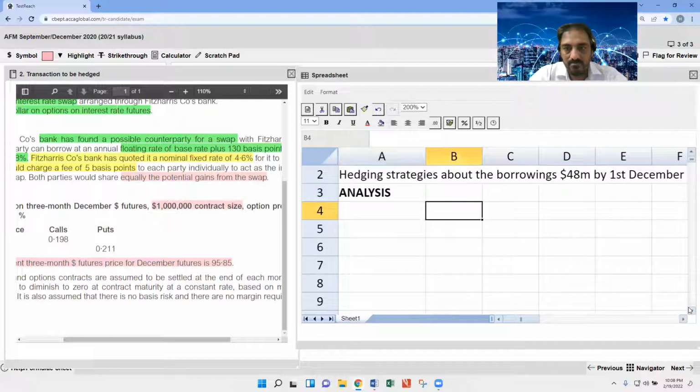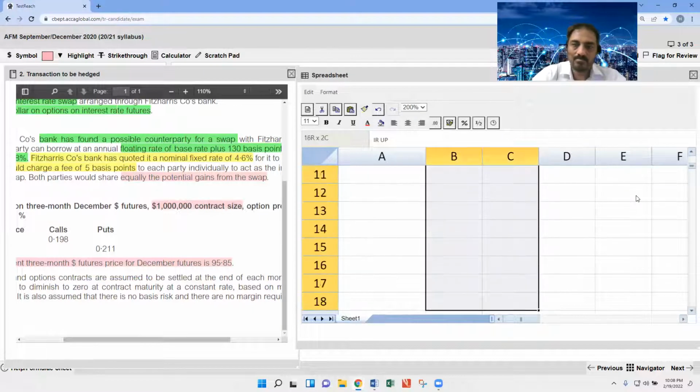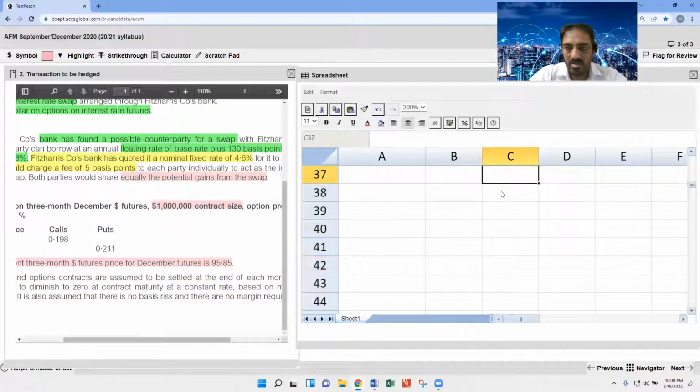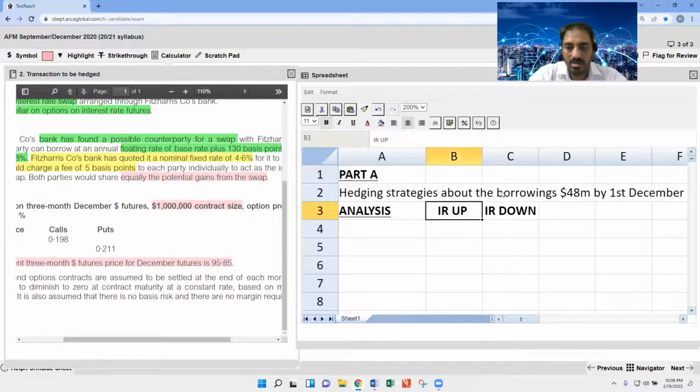Number one, interest rate up and interest rate down. In case of interest rate up, that's equals to 4.1%.